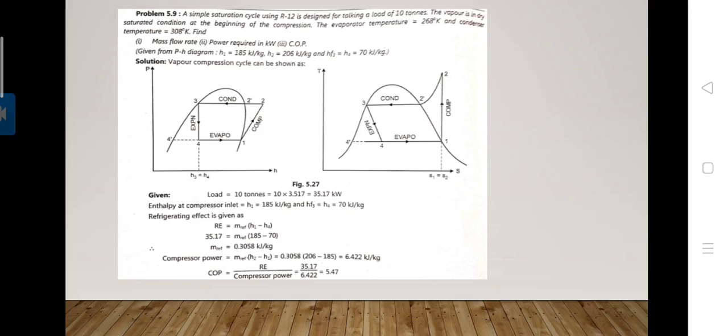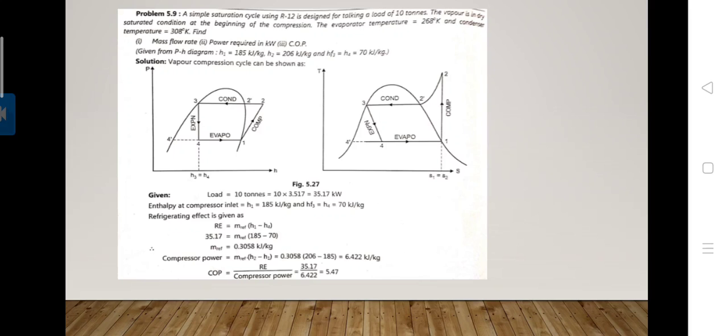in condensation. So due to the rejection of heat, temperature of superheated vapor is reduced to saturation temperature, and there the removal of heat results in condensation and vapor converts into liquid at point 3. So at point 3, throttling of liquid takes place, which reduces the pressure by keeping enthalpy constant.